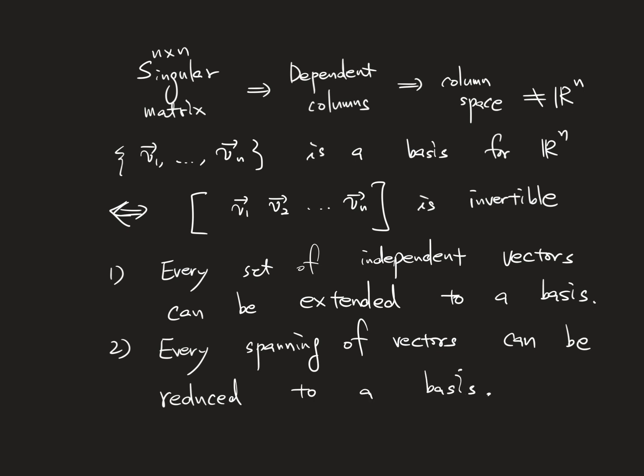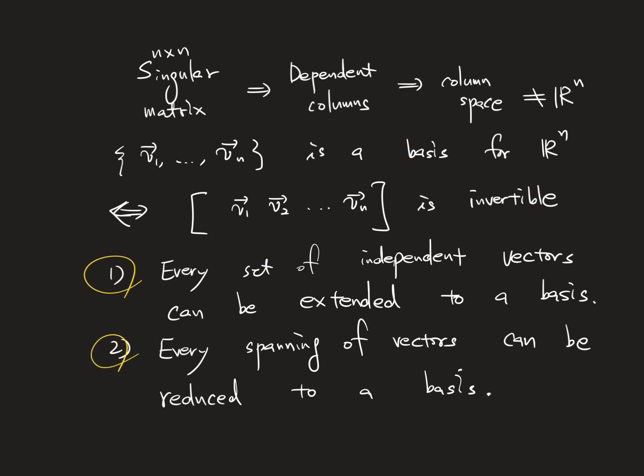So I said before, to be a basis, the set should be large enough to generate all the vectors in the vector space, and also the number of vectors should be small enough to be linearly independent. So in case 1, we have too small a number of vectors, and so we need extension. We need to add more vectors to be a basis because we don't have enough generators.